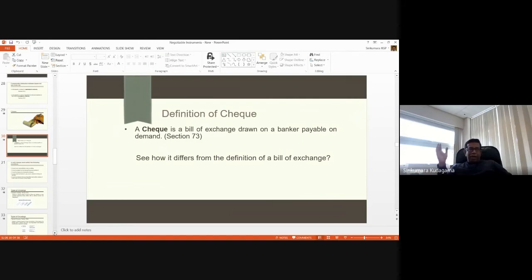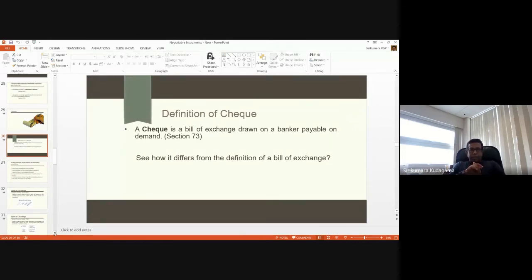Now, I would like you to see how this definition is different from the definition of a bill of exchange given in section 3 of the Bills of Exchange Ordinance. Section 3 said a lot of things.